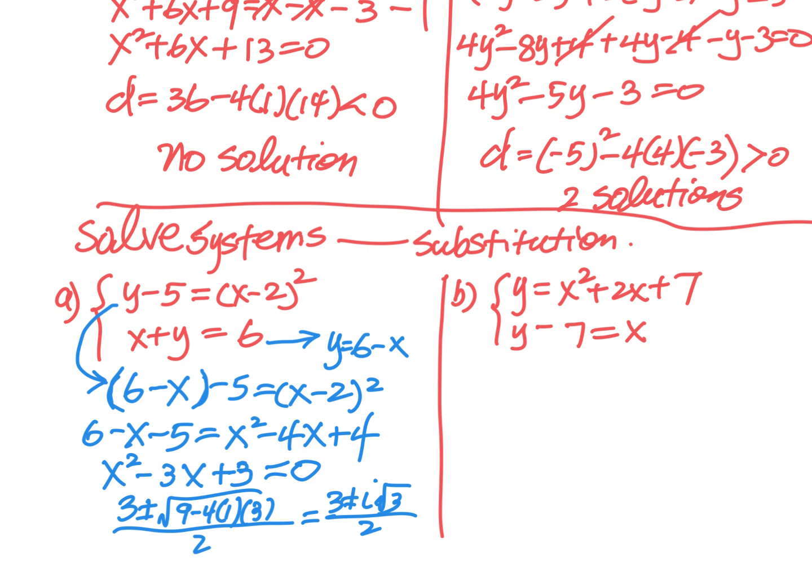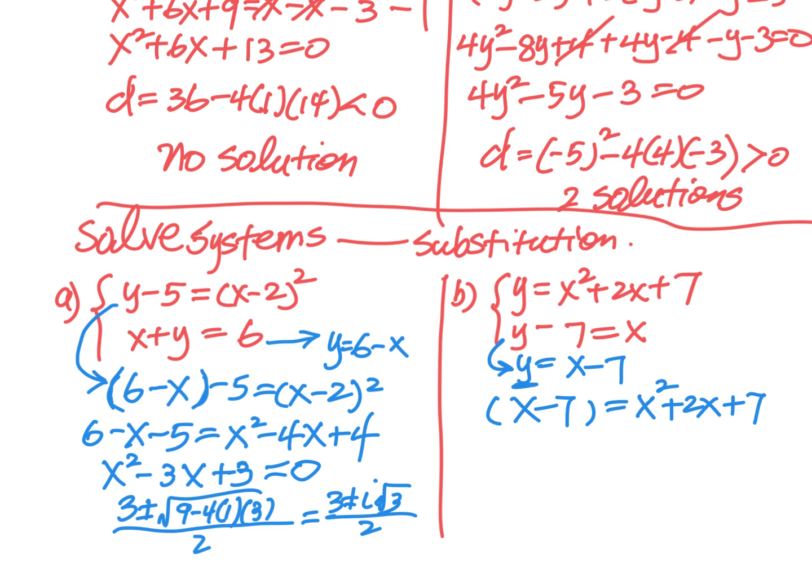And for letter B, I can do it either way. You can make this y equal to x plus 7 from here. And then put it back in there. y equal to x squared plus 2x plus 7. So x minus 7, that's the y.